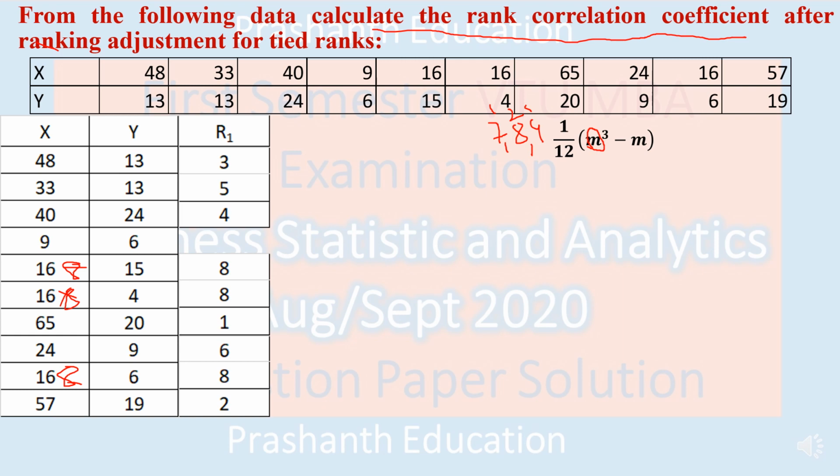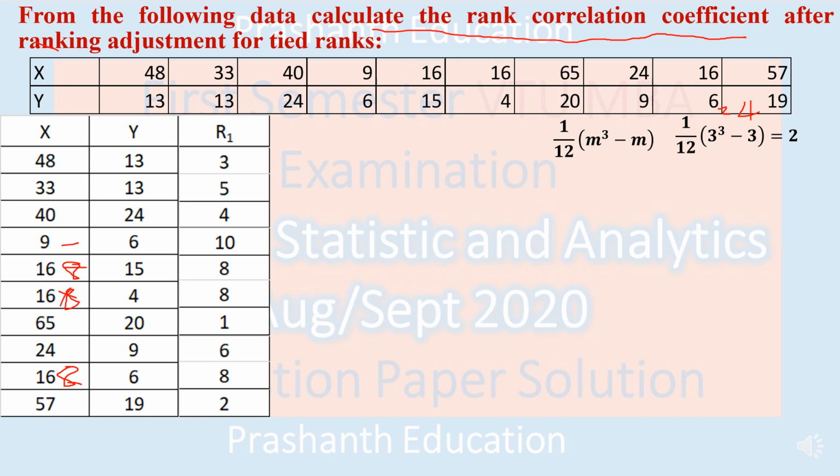Now I will do my adjustment here: 1 by 12, 3 cube minus 3, which is 2. Then the remaining one is the ninth, and I will assign 10th rank to it.